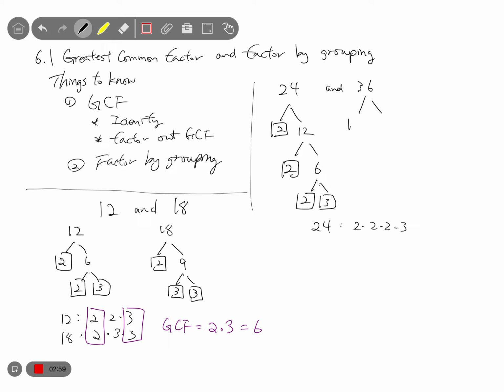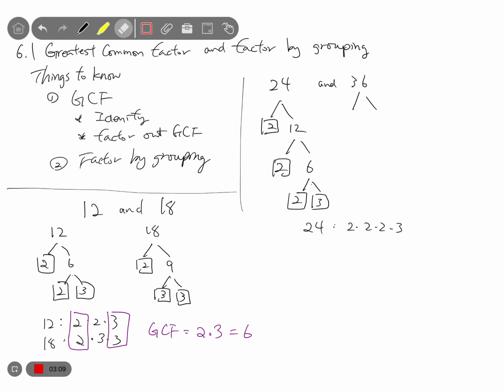36 is 3 times 12, or you can do 2 times 18, whichever one you think about first. I'm going to do 2 times 18 is 36. And the 18 we know is 2 times 9, and 9 is 3 times 3.